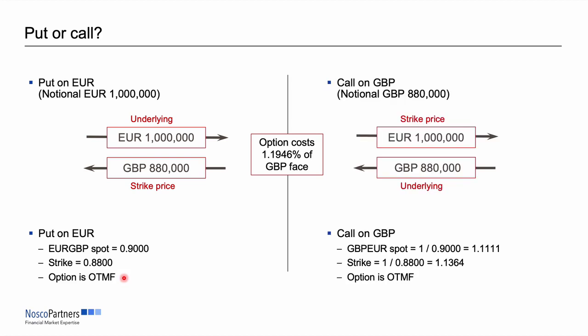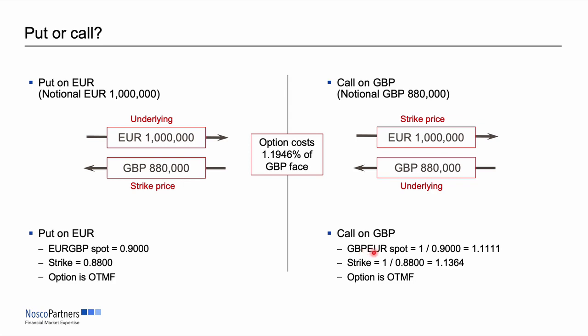Or you can think of this option as a call on the pound. The pound notional is 880,000. If you look at the option this way, then the underlying would be £880,000 and the strike price 1 million euros. Or if you think of a notional of £1, you have the currency pair pound-euro.